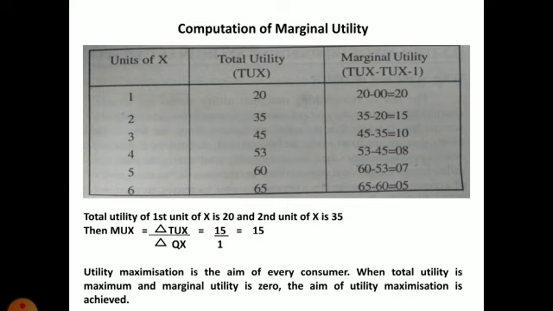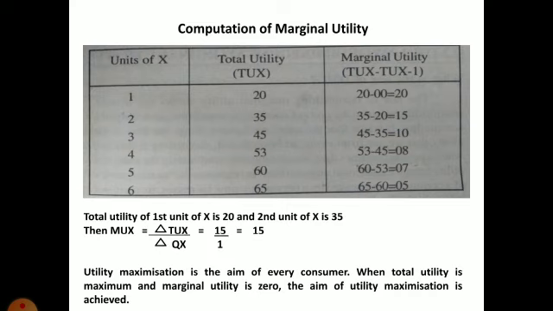So here you see that total utility from the first unit of X is 20, and the total utility with the second unit becomes 35.